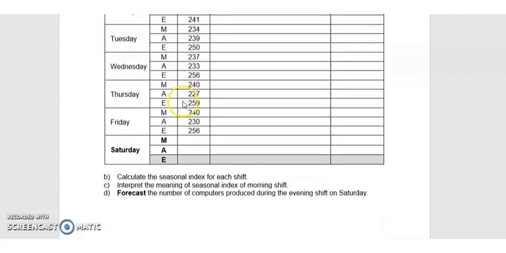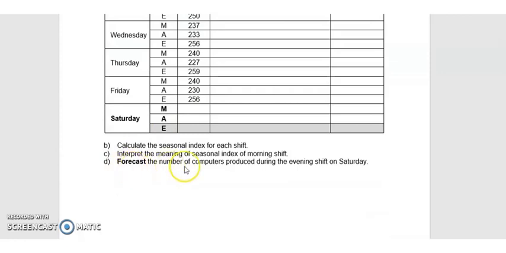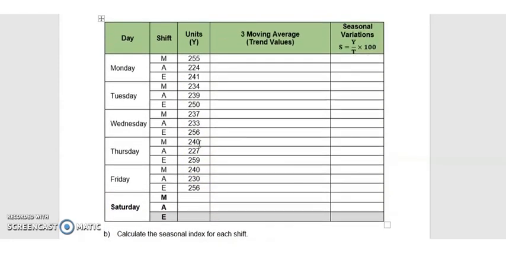If you look at the forecast question, forecast the number of computers produced during the evening shift on Saturday. So you add until Saturday here because we want to focus on the evening shift on Saturday. Units here refer to the number of computers produced.